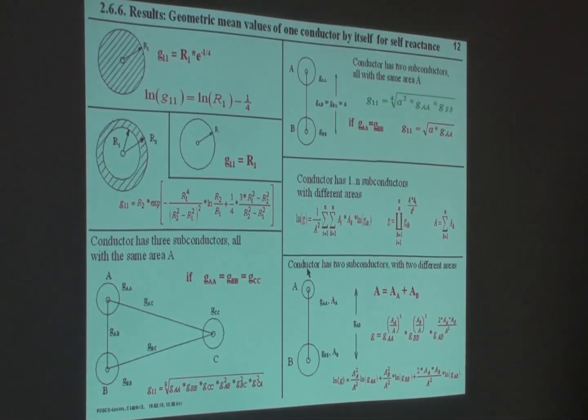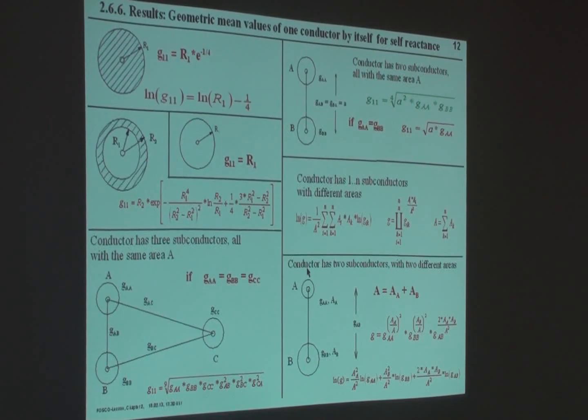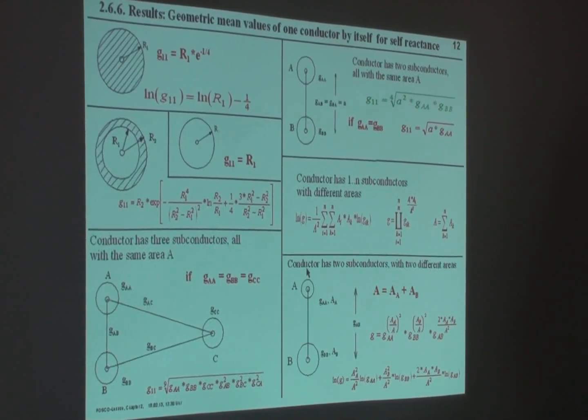G is 40 millimeters. We put in one cylinder with 40 millimeters. This is the same for flexible cables.